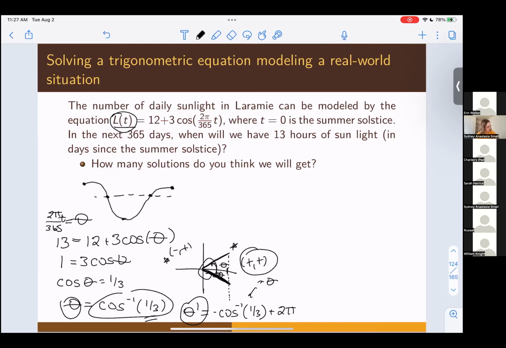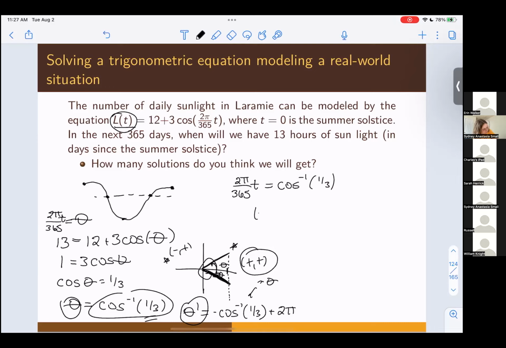So plugging 2 pi t over 365 back in for theta and theta prime, my solutions are: 2 pi t over 365 is equal to the inverse cosine of 1/3.